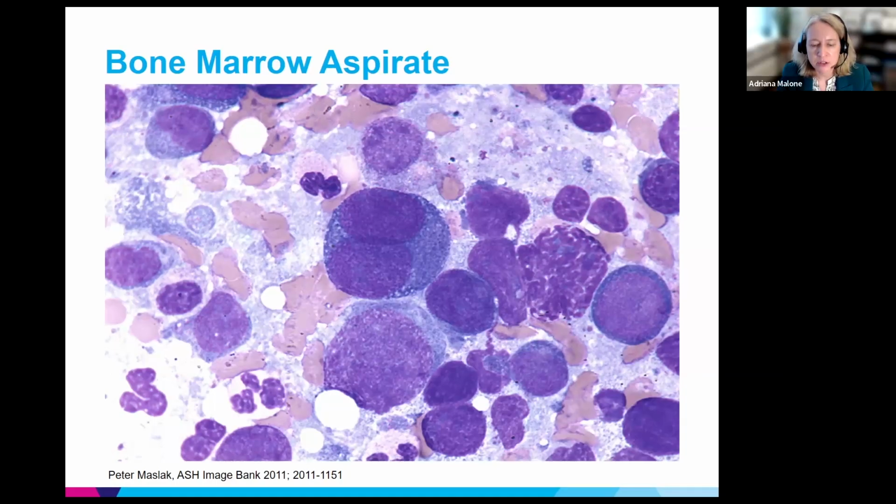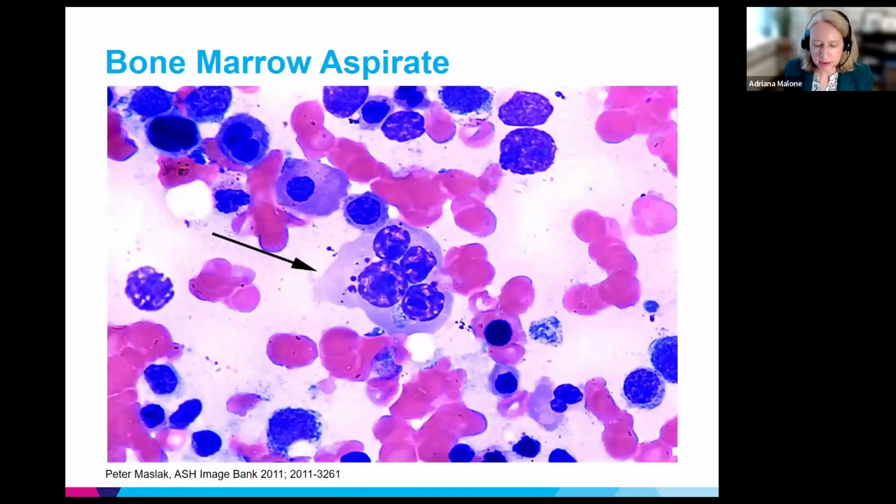We can see dysplasia in the myeloid lineage as well as small hypolobated polys. On this smear, we see very clearly a multinucleated erythroid precursor showing evidence of dysplasia.